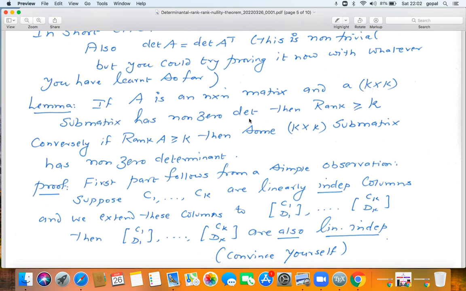So what's the story now? Putting these two pieces together: if the rank of a matrix is exactly K, then there must be at least one K by K submatrix with non-zero determinant, and all K plus 1 by K plus 1 submatrices must have zero determinant.